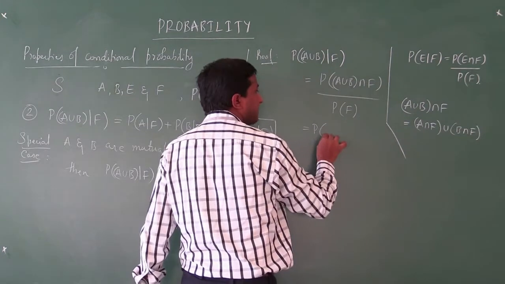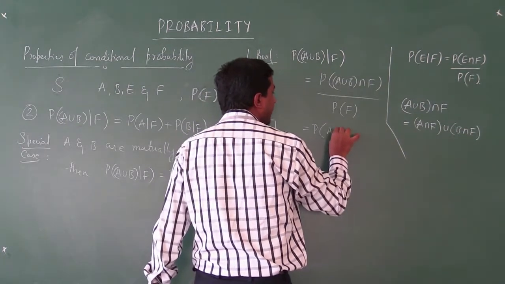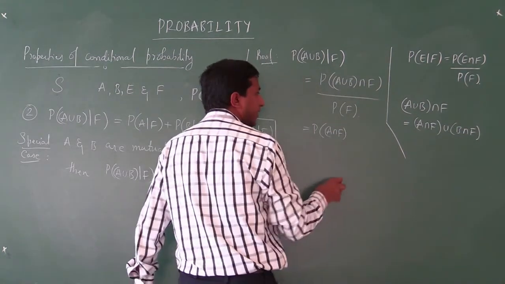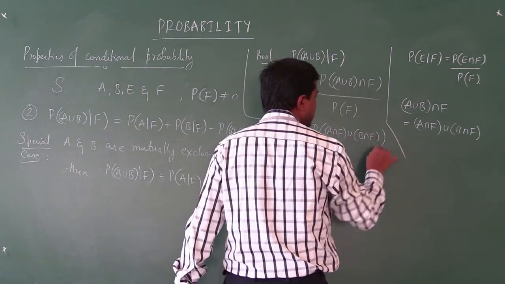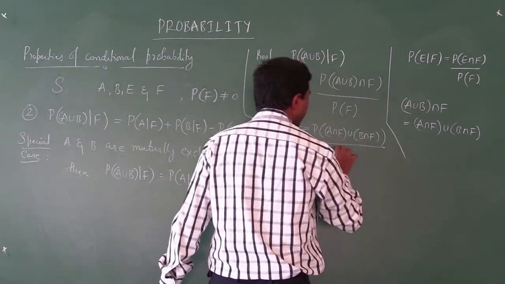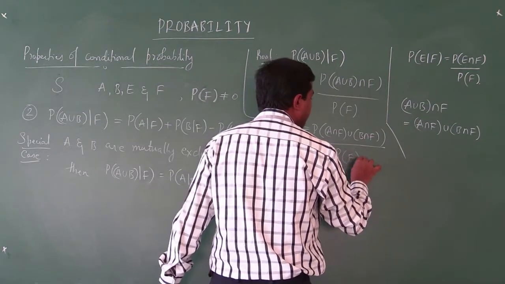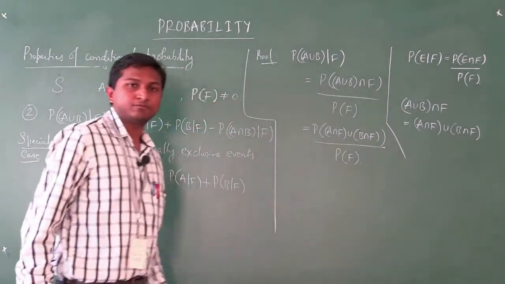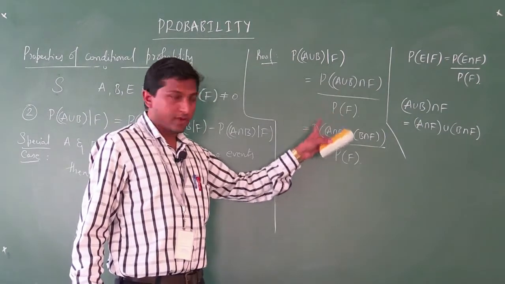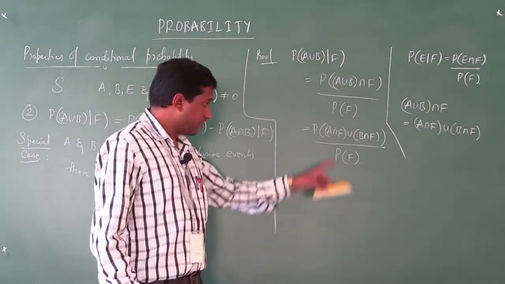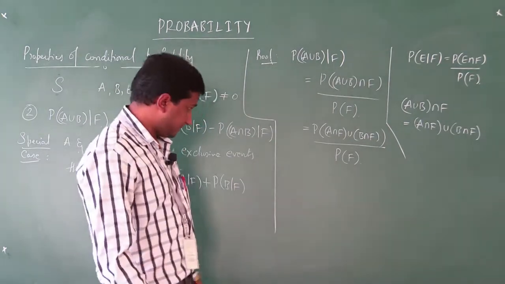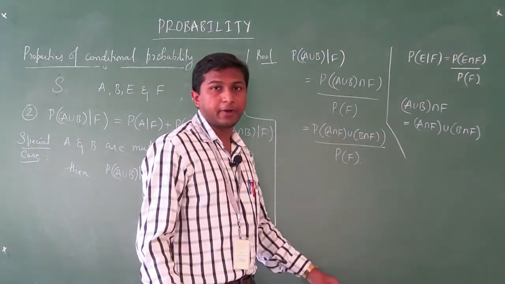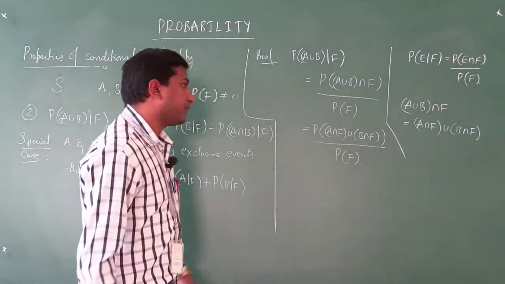I get P of ((A intersection F) union (B intersection F)) whole divided by P of F.